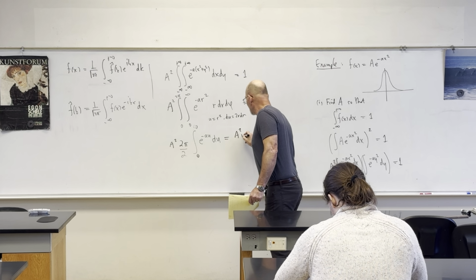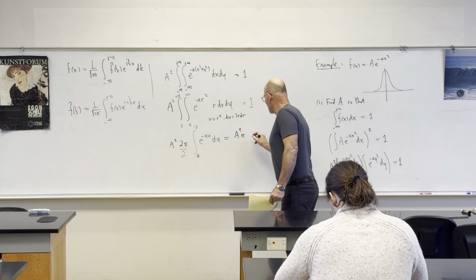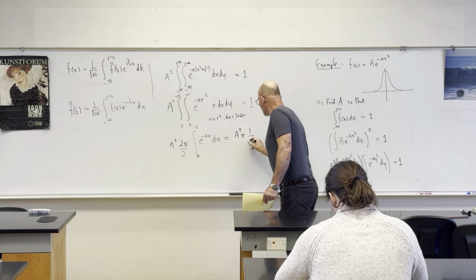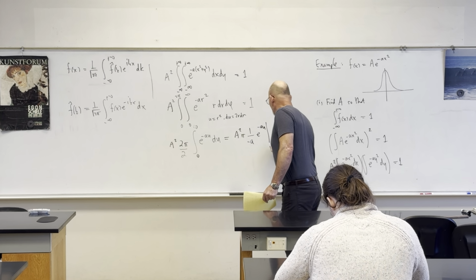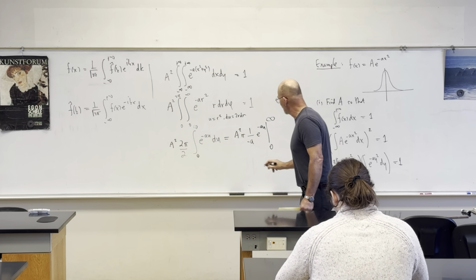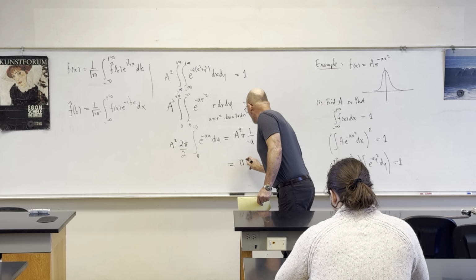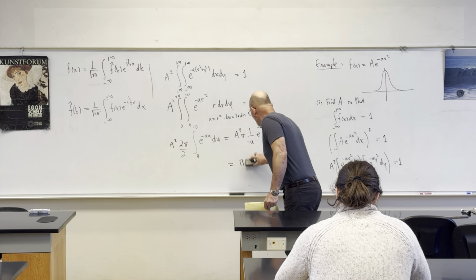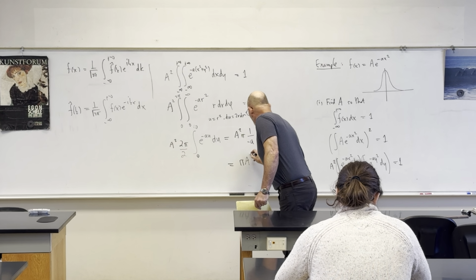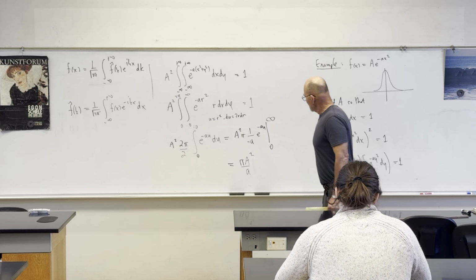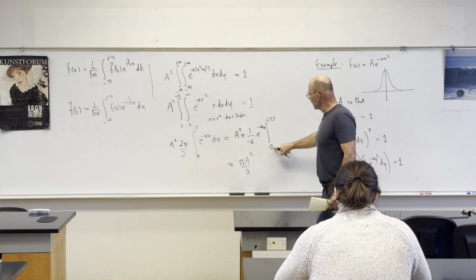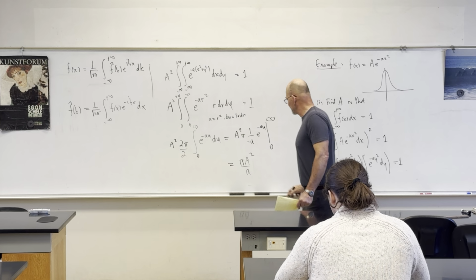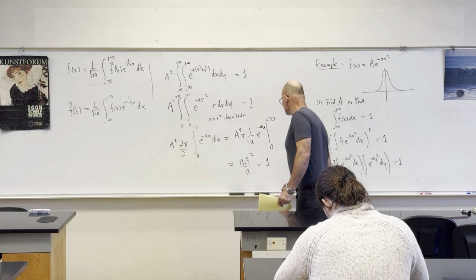This equals A squared pi times 1 over minus a e to the minus au, from 0 to infinity, so pi A squared over a. E to the minus infinity is 0, e to the 0 is 1, that gets rid of the minus sign, and it equals 1.